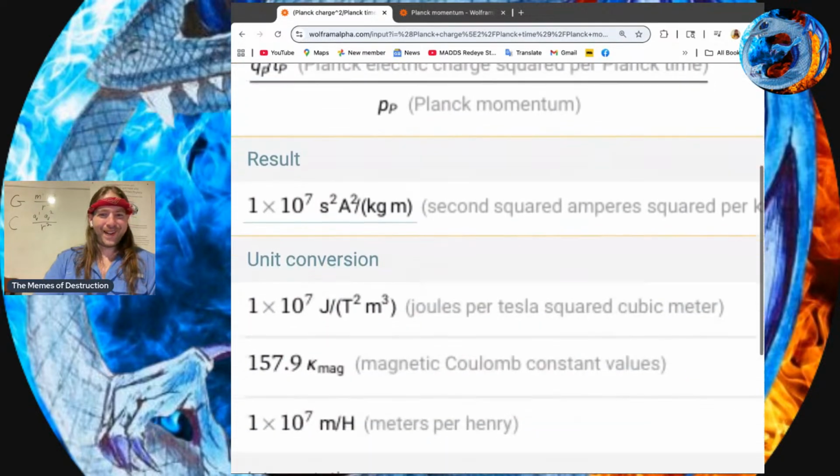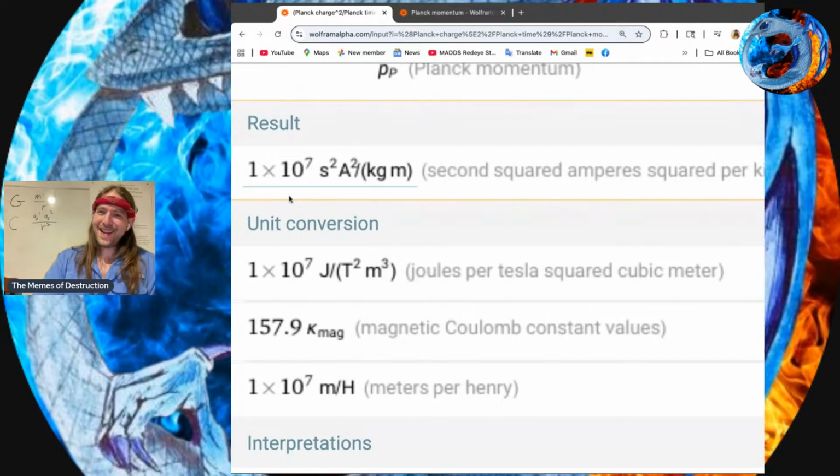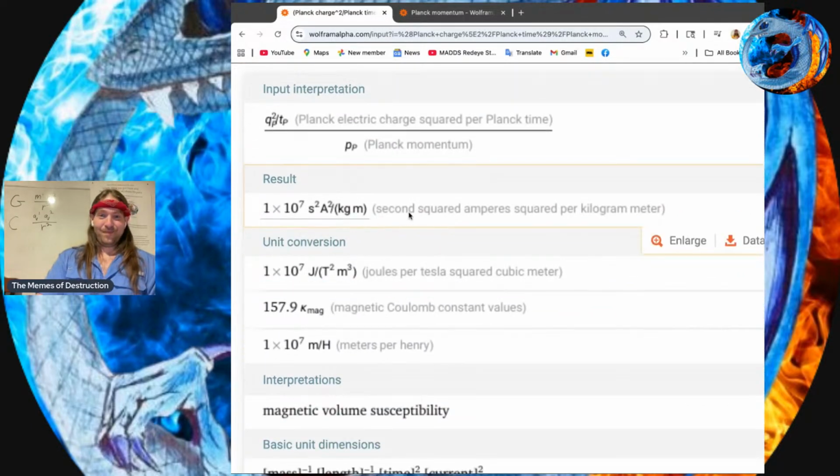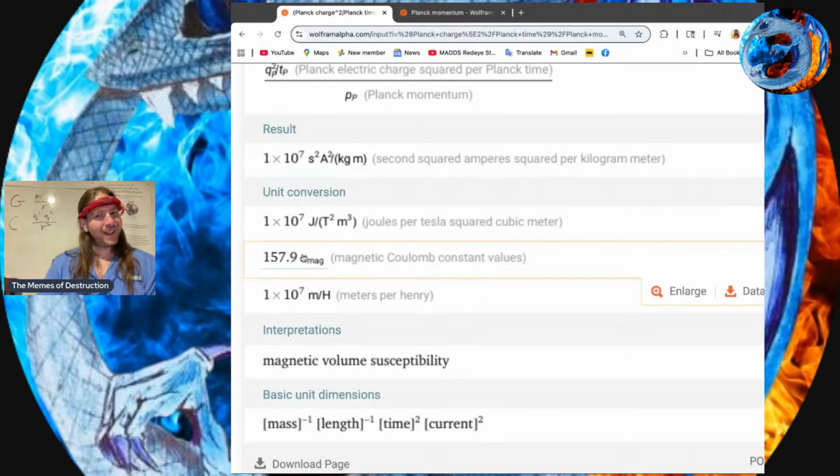We get precisely 10 to the 7 seconds squared, amperes squared per kilogram meter. Don't worry, I don't know what that is either.